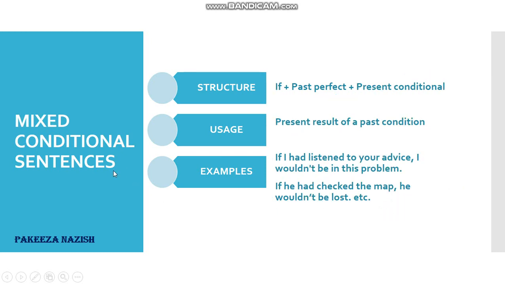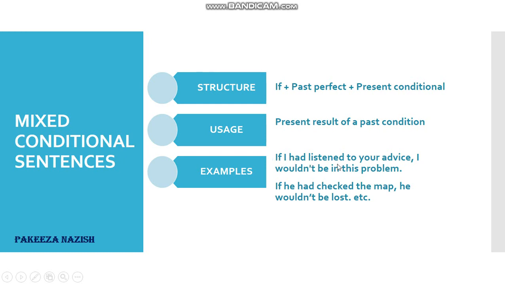And sometimes in the advanced level, not in your classes, there are the mixed conditional sentences, which are the past perfect and the present conditional. So it means the present result of a past condition, something which happened in the past, and we get the result in the present.